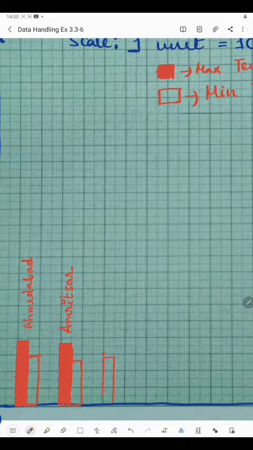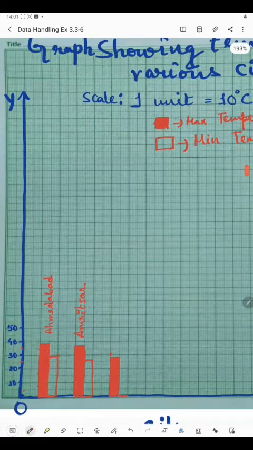So these bars represent maximum temperature in Bengaluru. So we'll have to shade this. Okay, and then the minimum temperature of Bengaluru is 21. So another 5 boxes, we will have to show the minimum temperature of the city. So it's 21. Now 20 is here, because see, here is 20.